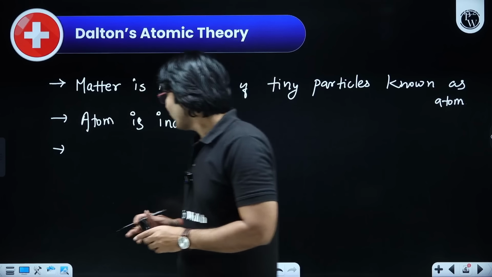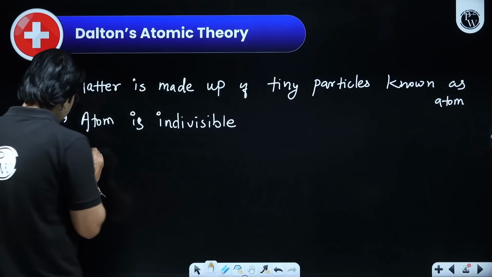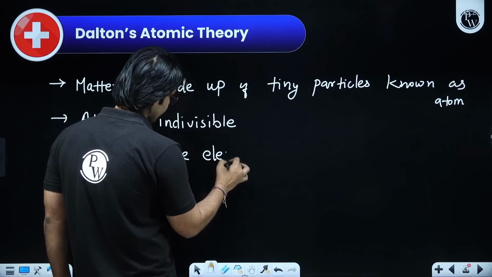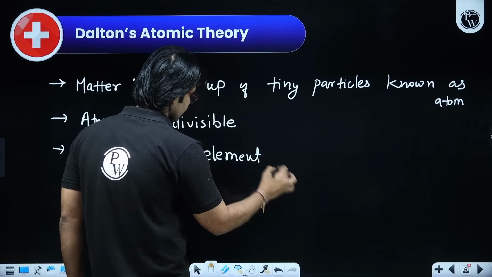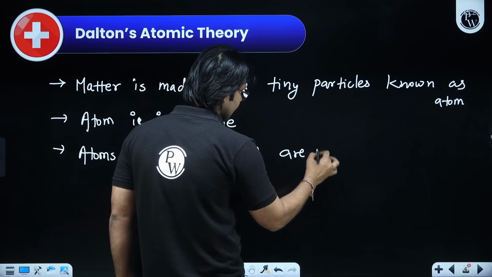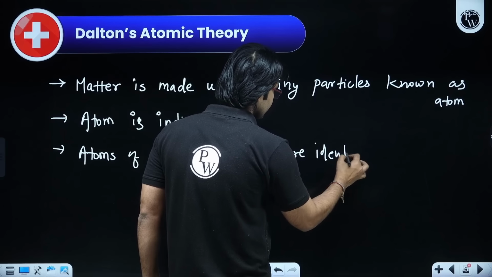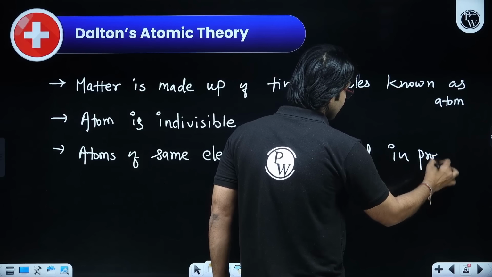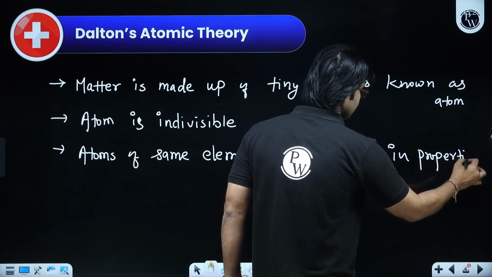So that point we can write as: atoms of the same element are identical in properties like size and mass.